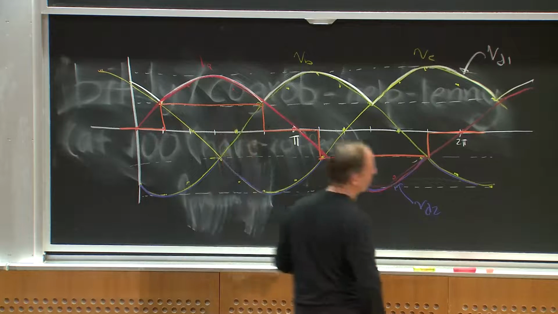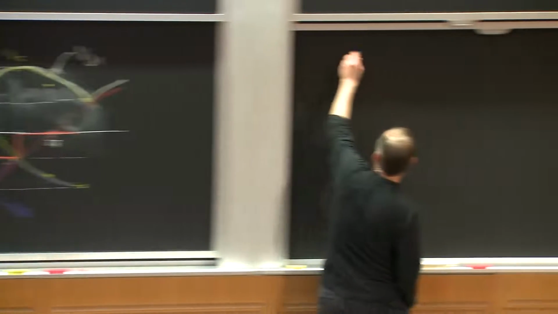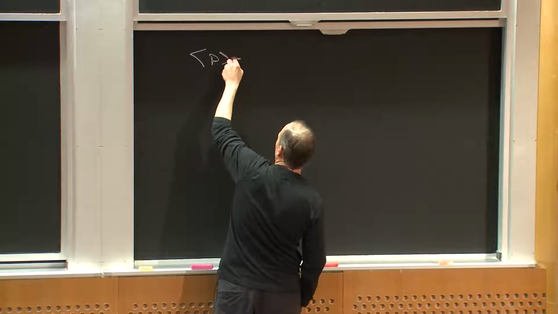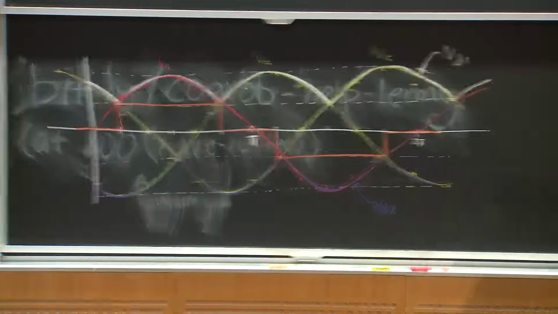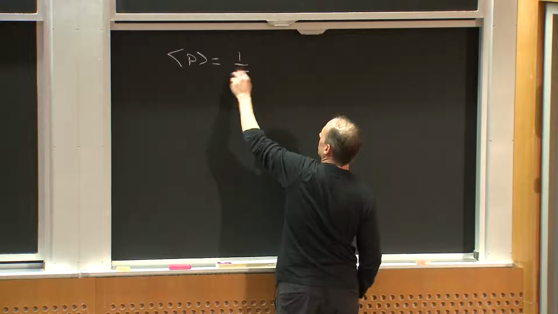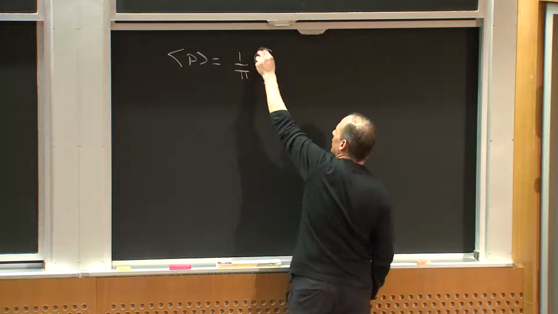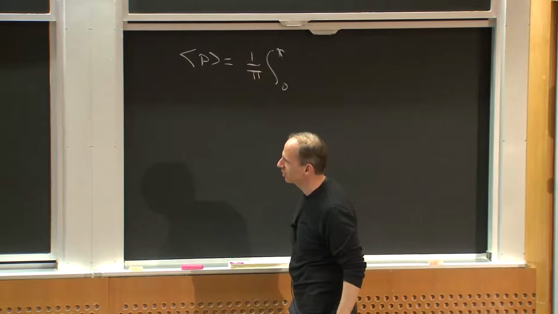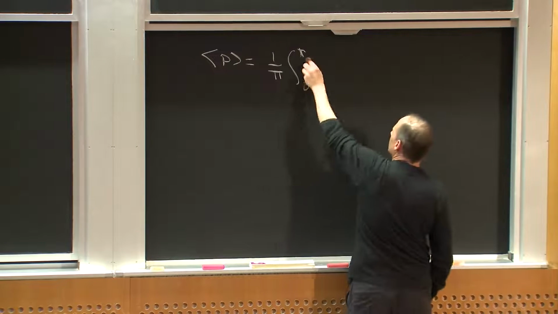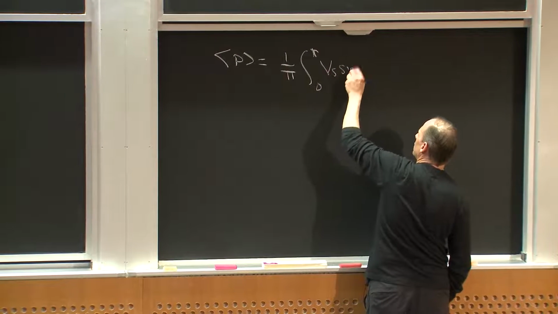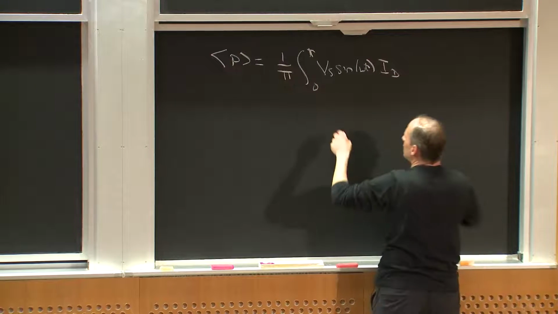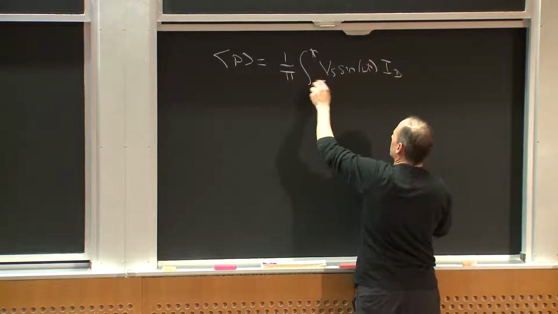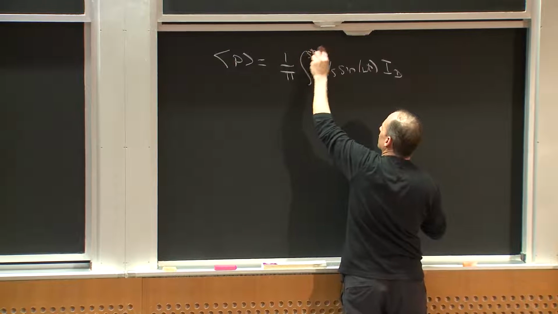First of all, what's the average power? I would argue that the average power in this thing is essentially the product of the red and the pink, which I could write as 1 over pi, the integral from 0 to pi, and I can do it in a half cycle because the other half cycle is symmetric, of Vs sine omega t times ID, but it's only ID between pi over 6 and 5 pi over 6.